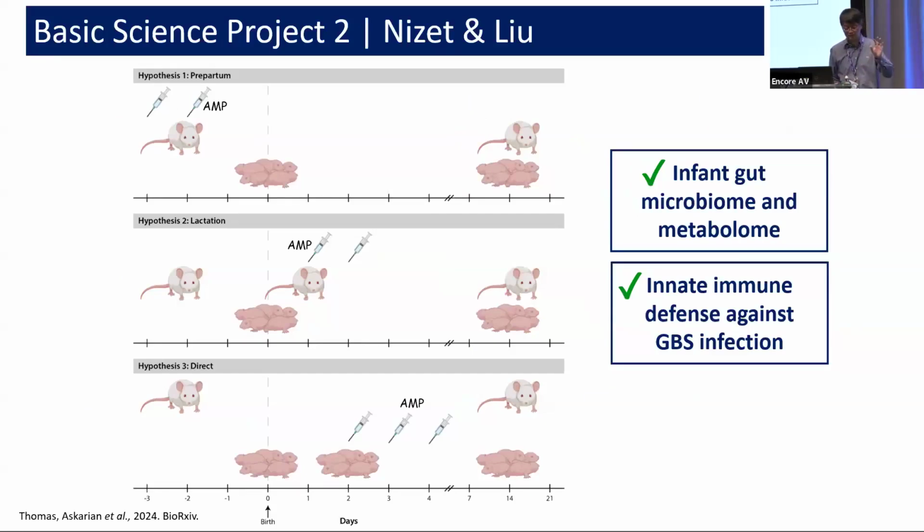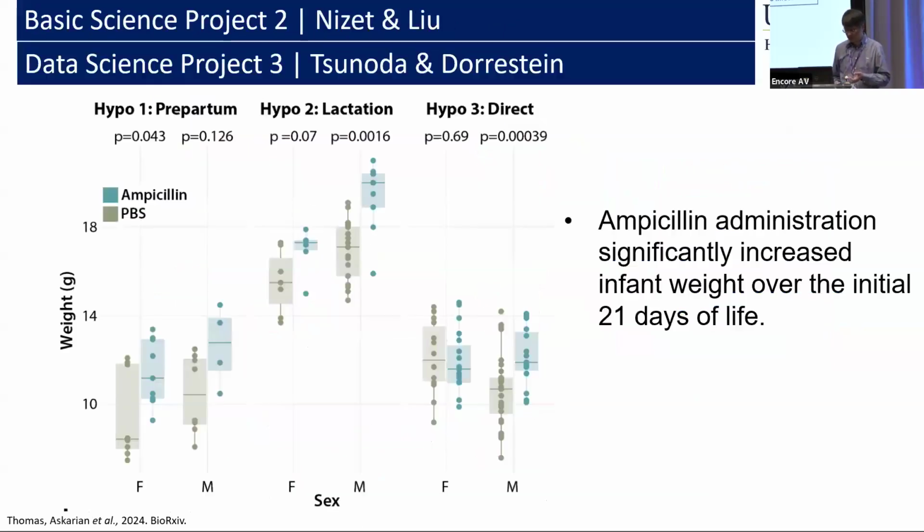We're giving it either to the mom before delivery, so this gets to the infant through the placenta. We're giving it through lactation in the first couple of days of life to the mom, and this is transferred to the infant. Or we inject it directly into the infant. So then we assess what's happening.